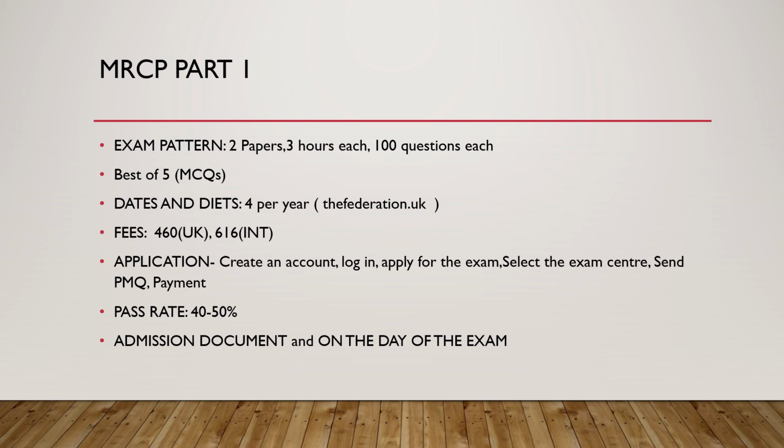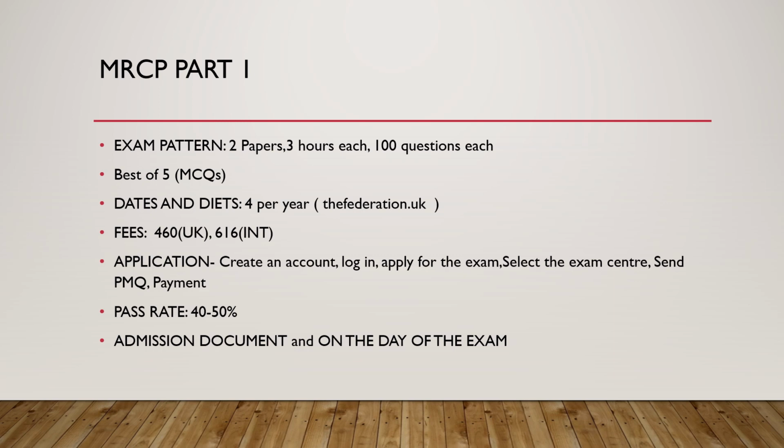The fees would be 460 pounds for people who are taking the exam in UK, and 616 pounds for international candidates. There are many centers outside UK also, and for those international centers, it is 616 pounds. Coming to the application process, as I told you, you need to create your account in My MRCP UK.